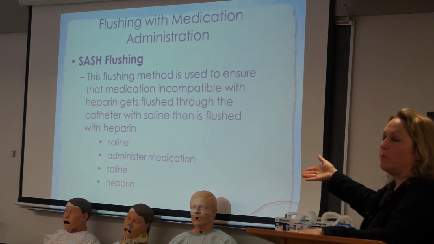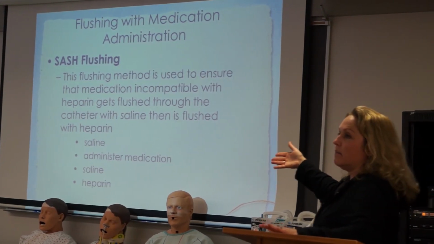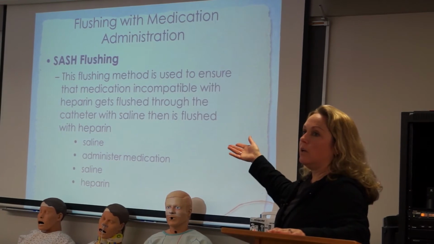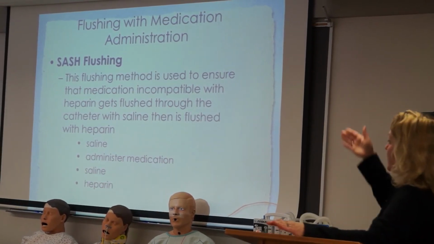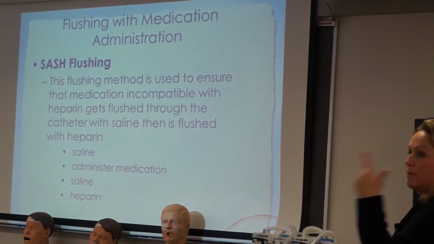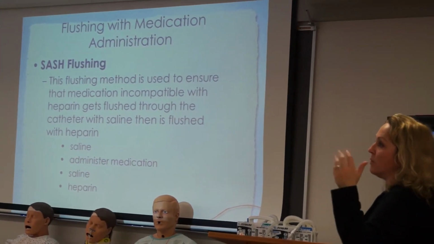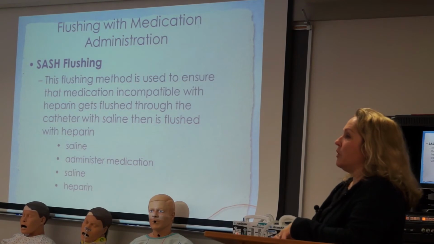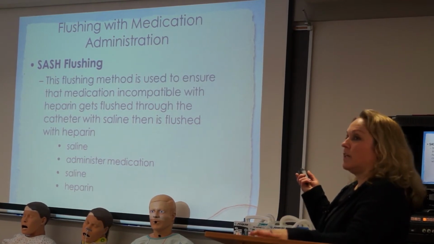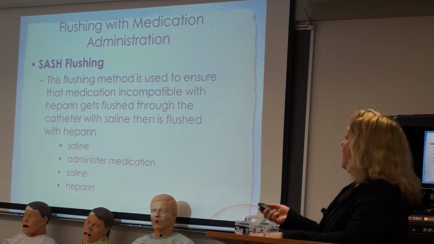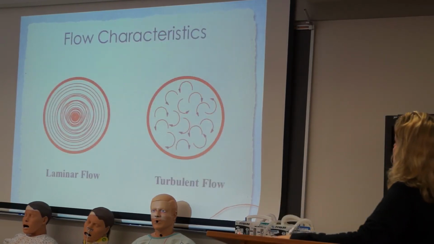And again, for ports, anybody remember? 500. If it was a PICC or some other central line, it would be 100 units per ml. So that's your SASH: saline, administration of medication, another saline flush, and then heparin lock them. But again, if you're going to have a continuous IV infusing, then you don't add the heparin. You just go ahead and hook them back up to the infusion.